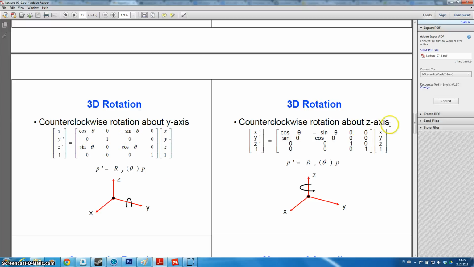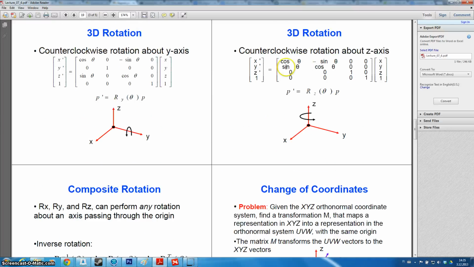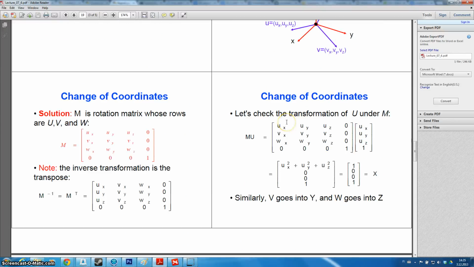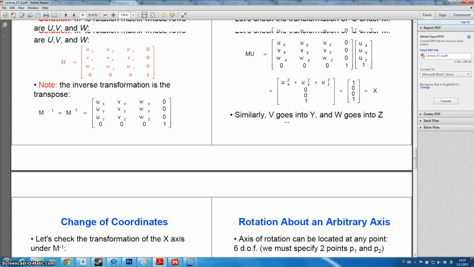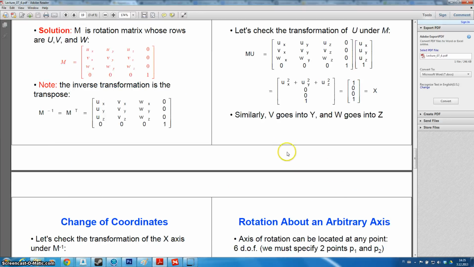And for the z-axis we don't change the z row, we only change the x and y rows over here by cosines and sines, cosine and sin and minus sin and cosine. That is how those changes work. Okay.